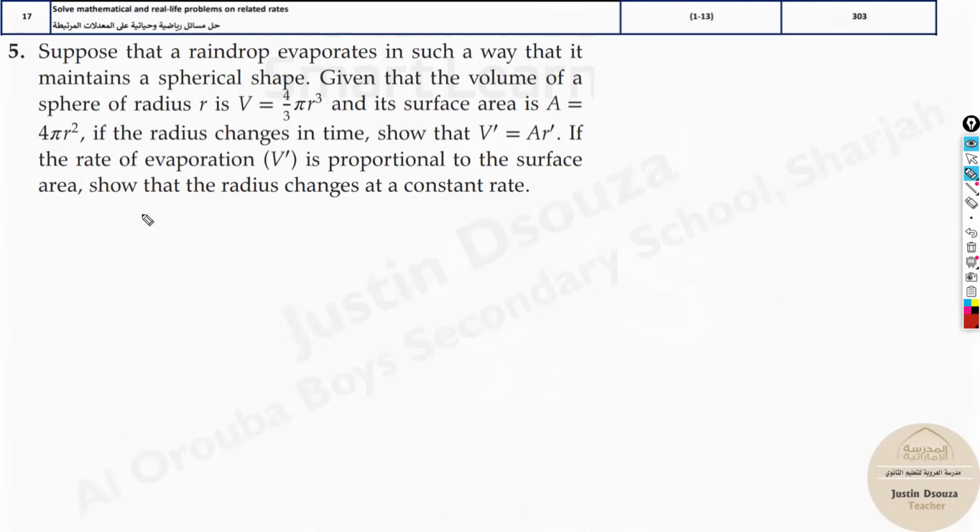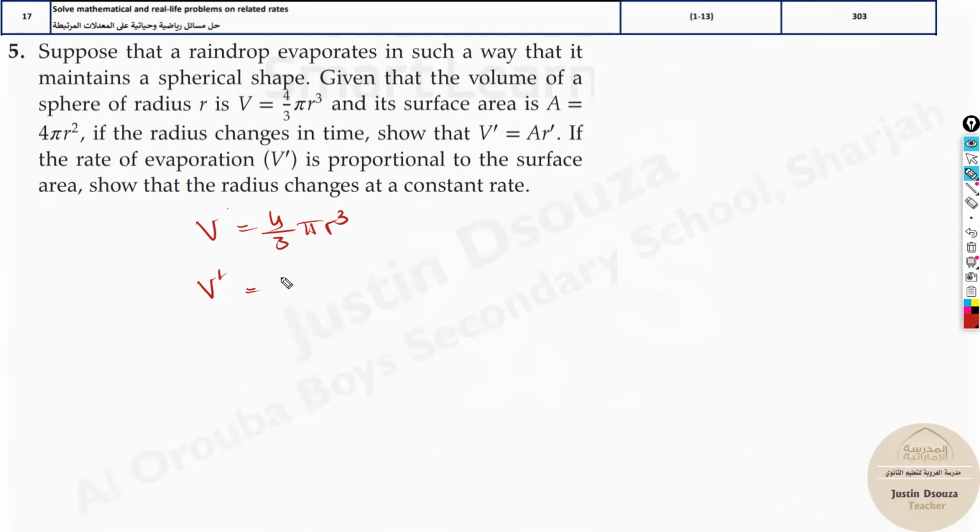So first thing, I realized that we need to show from this to this. We need to prove that this is equal to this, provided the area formula is given. So I will just start deriving this because I need V dash. So I have to derive this, otherwise there's no way I'll get it, right? So V equals 4 by 3 pi r cube. For your exam, please write the given, to find and everything, and also with respect to time t you need to write.